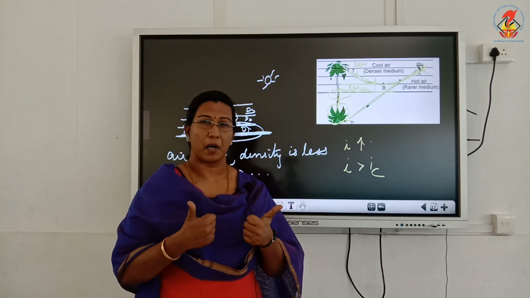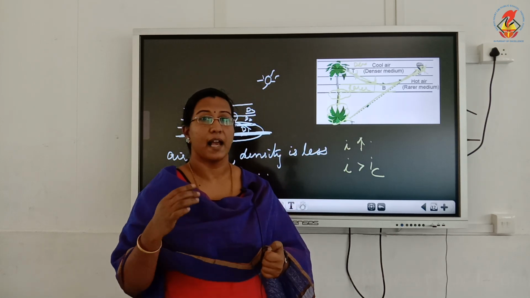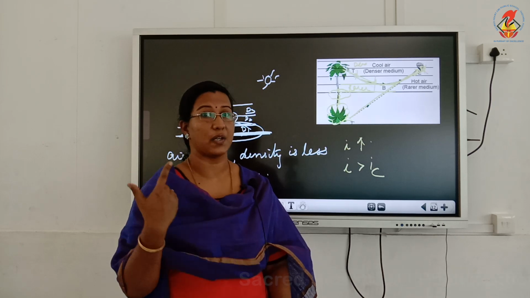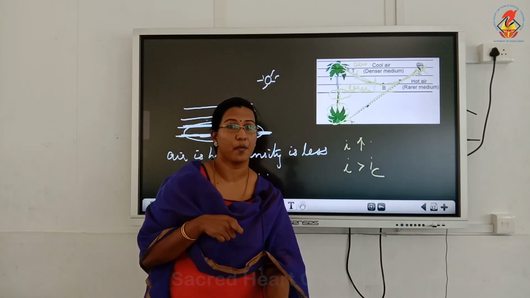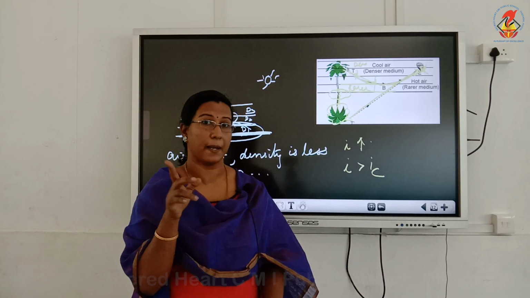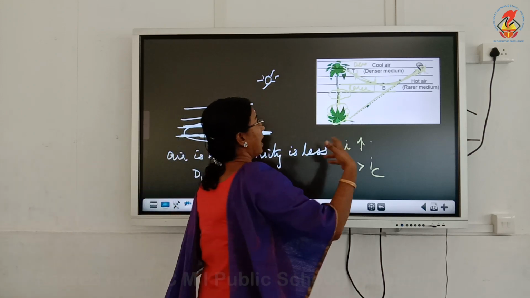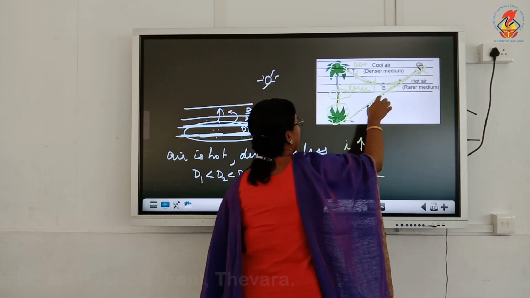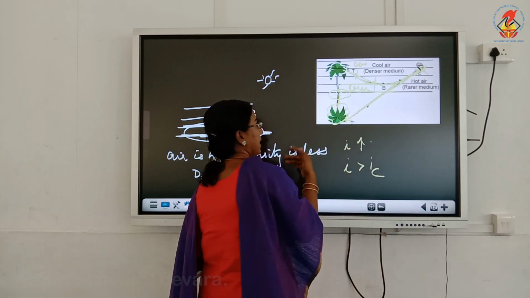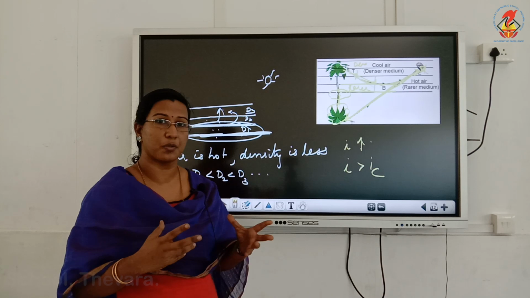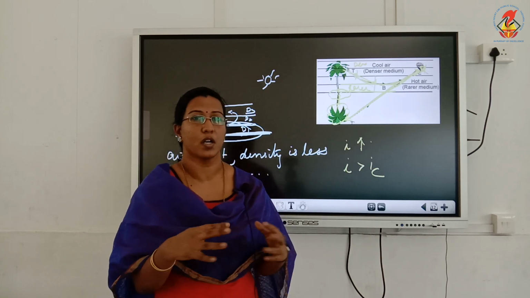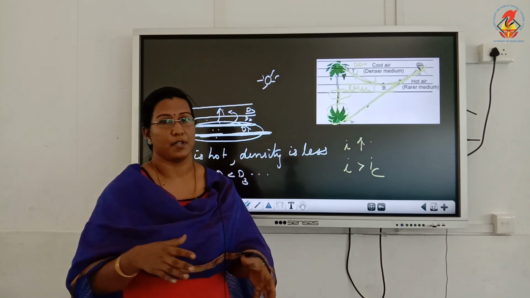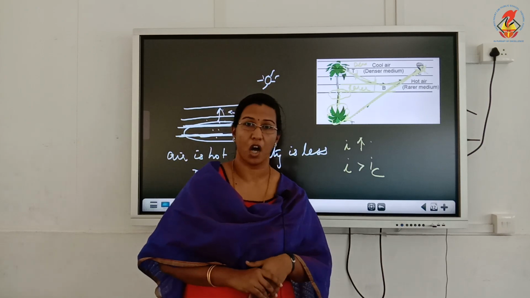When it reaches a particular layer, the angle of incidence is greater than the critical angle, and hence the entire ray will be reflected back to the denser medium. The person who is standing very far away will see the ray of light coming in a straight path, and he will get an inverted image, and because of his illusion, he will assume that there is water near that tree region. And this phenomenon is what we call a mirage.